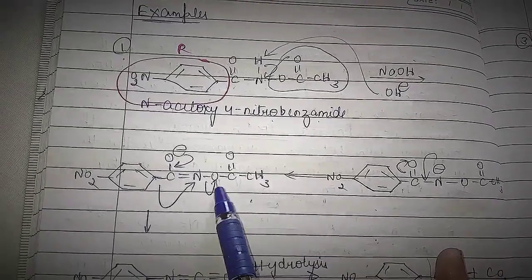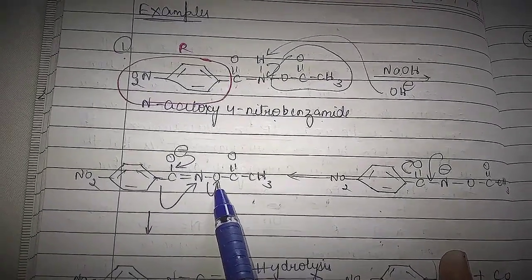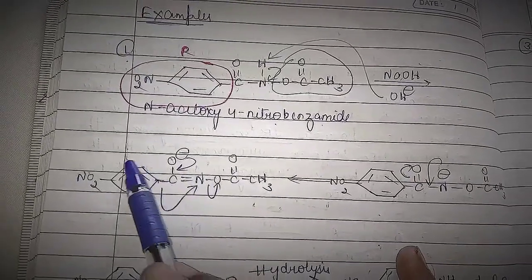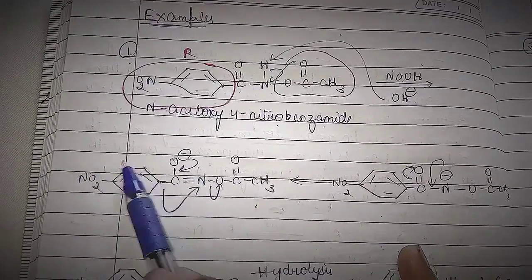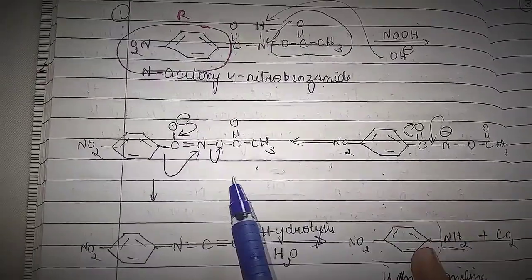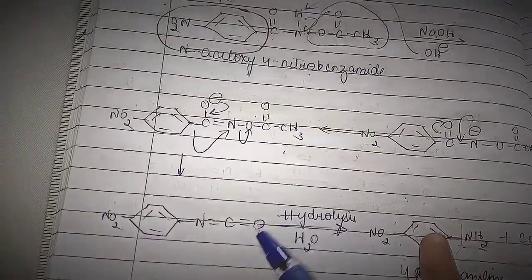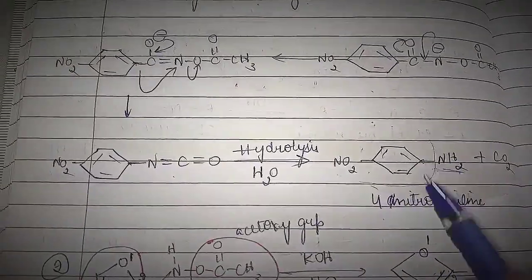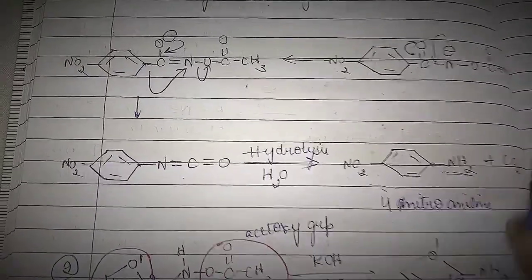This takes away the bond and moves as carboxylate anion. The whole R minus group, that is the nitrobenzene group, comes and attacks here, and we will get isocyanate. On hydrolysis we will get 4-nitroaniline.